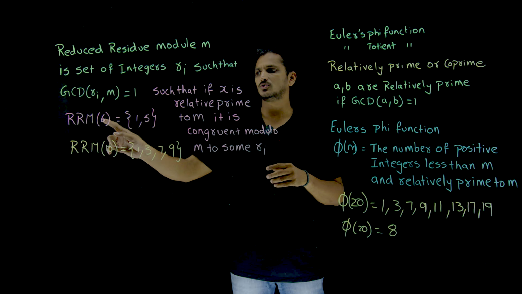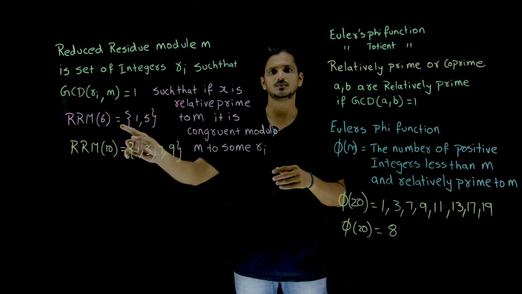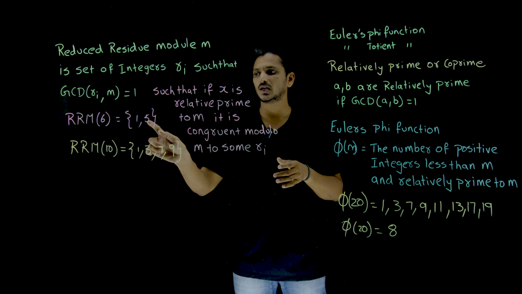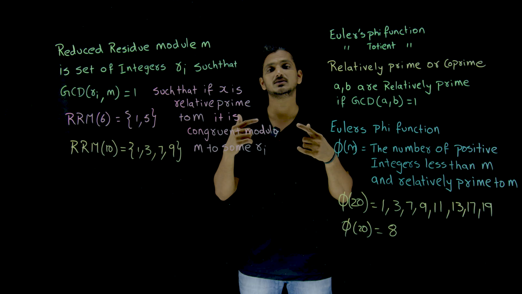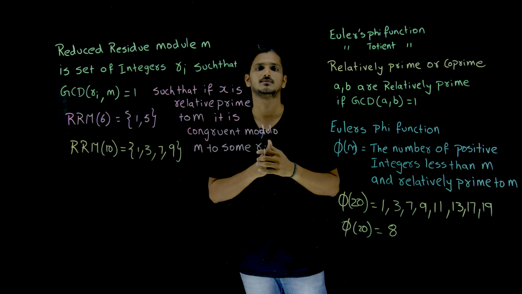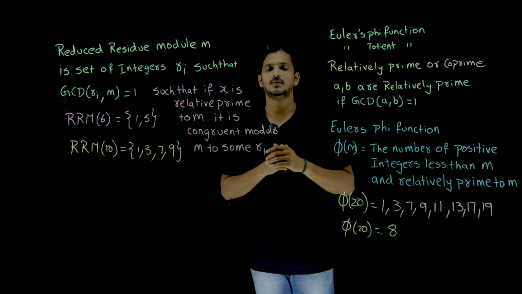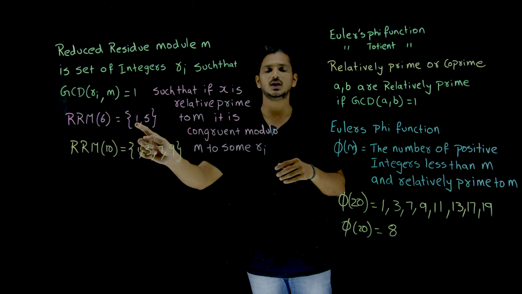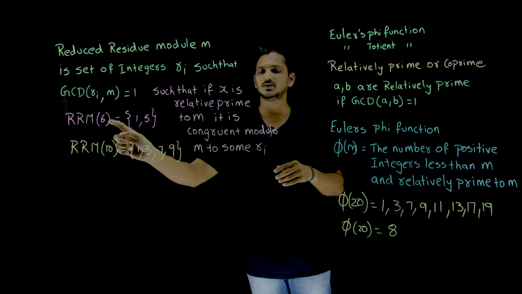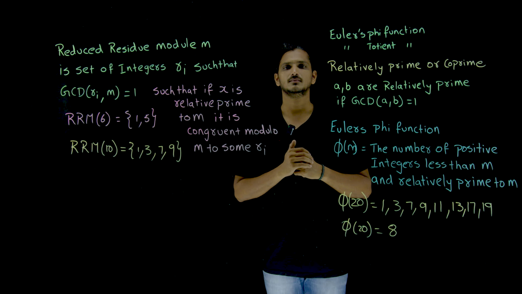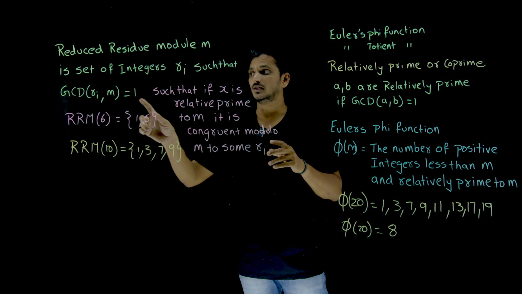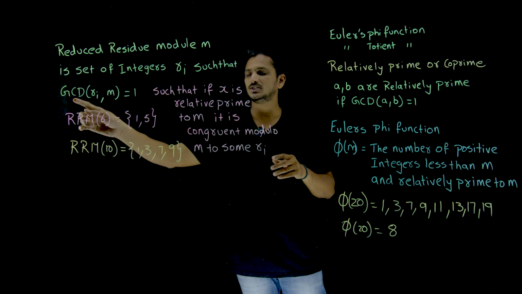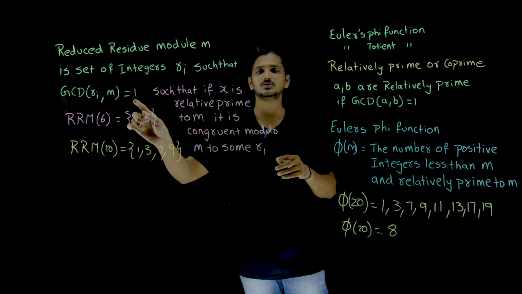First try to understand the example, then we are going to cover this definition along with the example. Now reduced residue modulo 6 is the set of elements 1, 5. This we call reduced residue modulo 6. GCD of 6, 1 equals 1. GCD of 5, 6 equals 1. But understand it properly. It is a set of elements with GCD of Ri, m equal to 1.